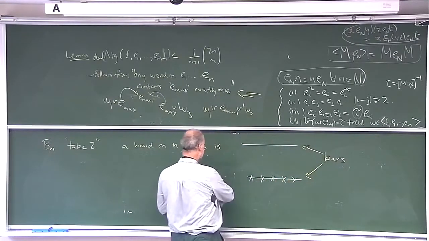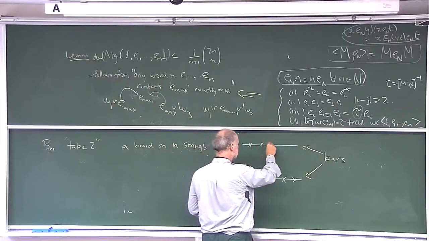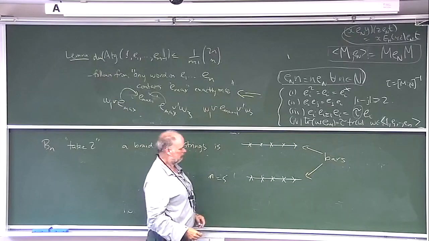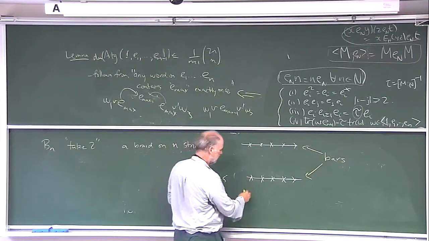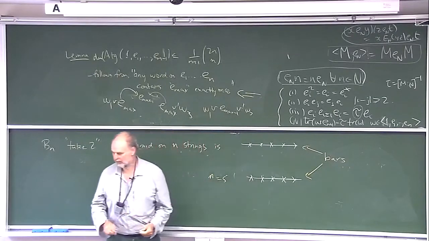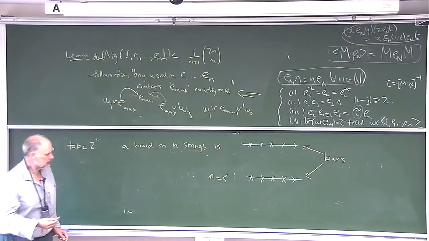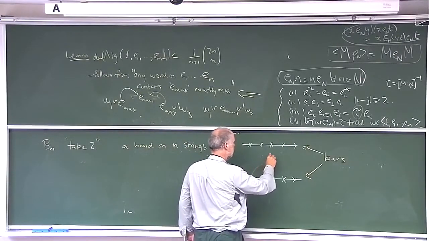Here n equals 5, and the same n points on the second bar, sitting straight above the bottom bar, so we have these points which are lined up, and then the points on the bottom are joined to the points on the top by strings. So the strings are bits of string.